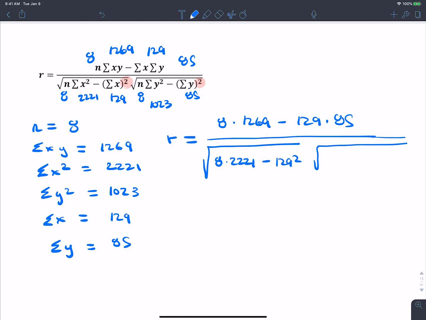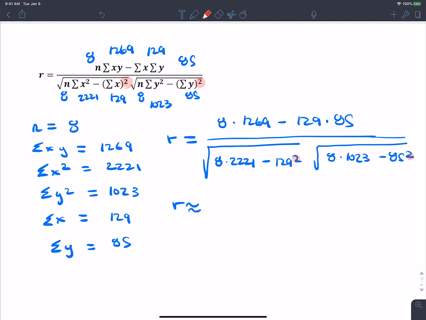Square root again. 8 times 1023 minus 85 squared. So double check to make sure we have everything in the right places here, right? Looks like we do. And remember, I'm going to remind you guys that you're going to square that value. Okay? So you guys have that written down?